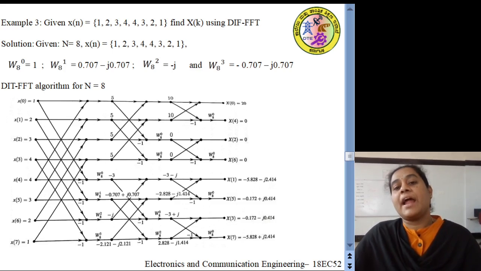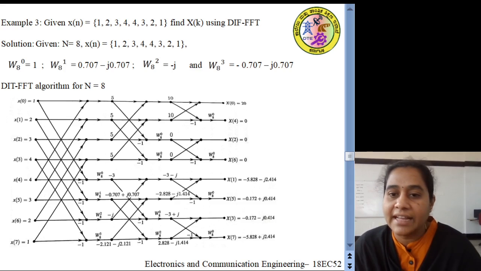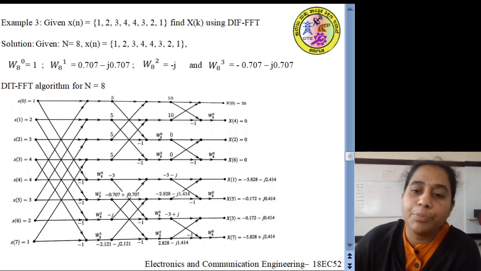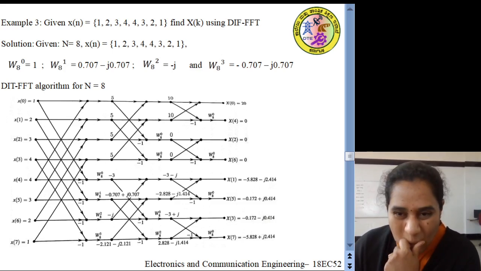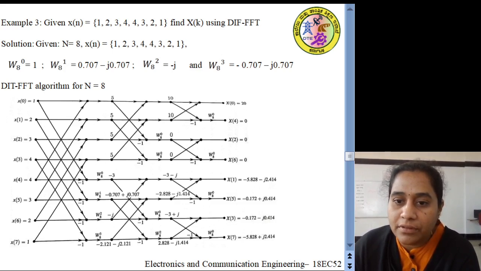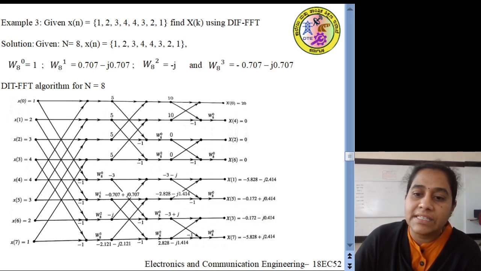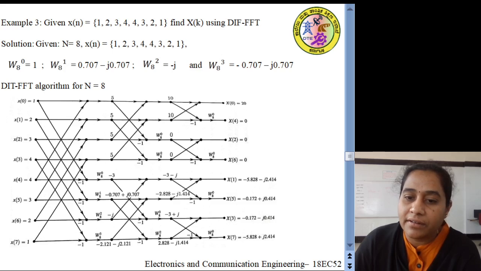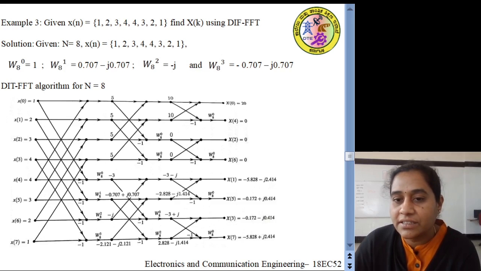After applying this input and after doing the first stage of calculation, we obtain the outputs as 5, 5, 5, 5, minus 3, minus 0.707 plus j0.707 minus j and minus 2.121 minus j2.121. And now we are considering this output of the first stage as input to the second stage.